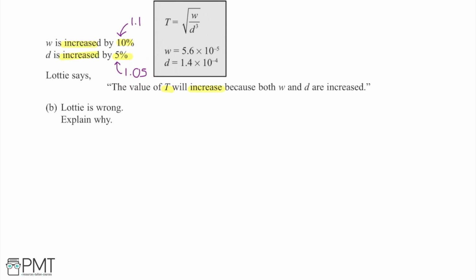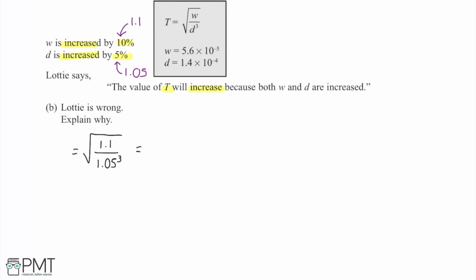And instead of going about the question in a longer way, we can simply substitute in the scale factors for w and d to get the scale factor by which t is multiplied to find the new value of t. So we can take the expression that we had before and take the square root of w, or the scale factor by which w is multiplied, so 1.1, and divide that by the scale factor by which d is multiplied, which is 1.05, but this has to be cubed because we have the d cubed here.